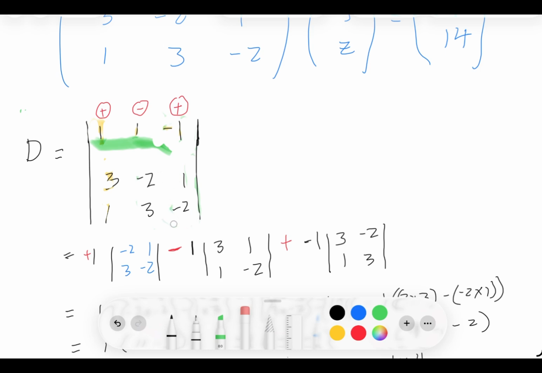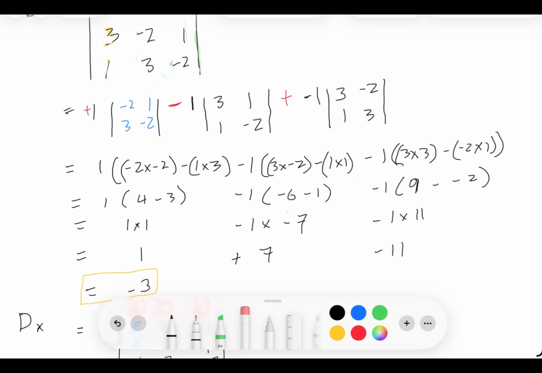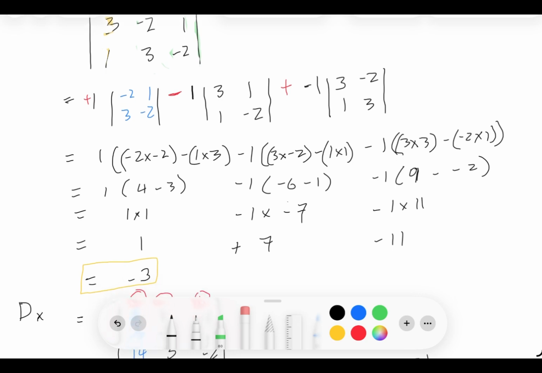And the sign that is assigned to that is a plus sign, so that's why you see the plus: negative 1 times the determinant of 3, negative 2, 1, and 3. So let's carry out that action. Notice then how you calculate the determinants.